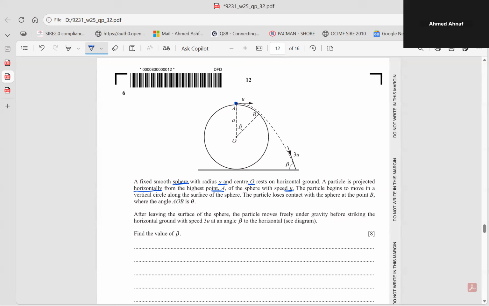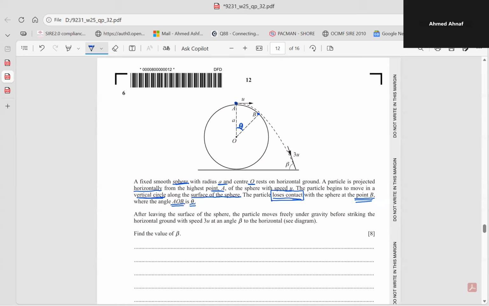The particle begins to move in a vertical circle along the surface of the sphere. And then we're also told that the particle loses contact. This is the keyword here. Loses contact means the normal contact force becomes 0 when the particle is at point B, where the angle AOB is theta. So at point B, the angle is theta, and this is where N becomes 0 for the particle.